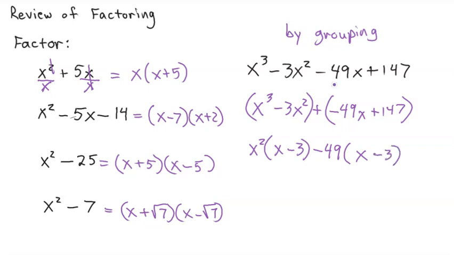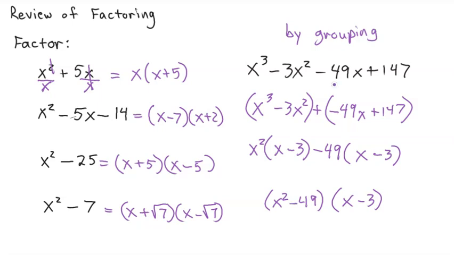Okay? And now my factors, what happens when you do this is you should have two identical factors here, x minus 3, but they only count as one of them. So one of our factors is x minus 3, and then our other factor is this thing with this thing. So x squared minus 49 is the other factor. Okay.